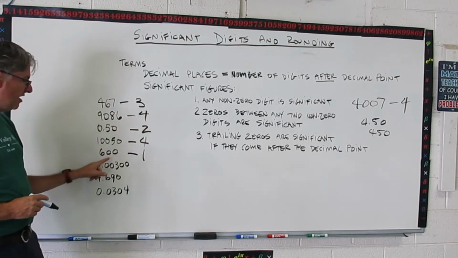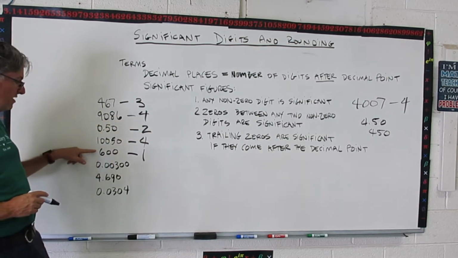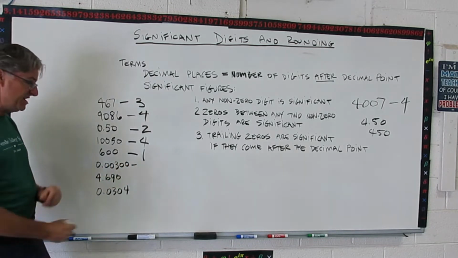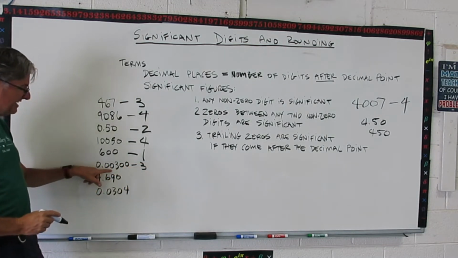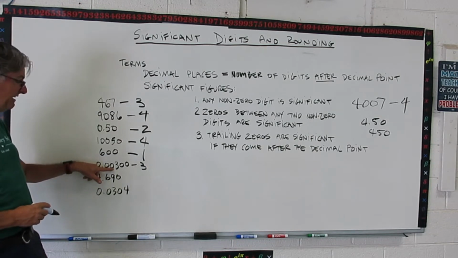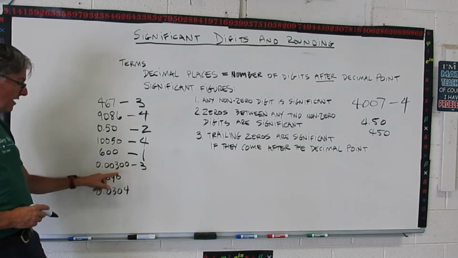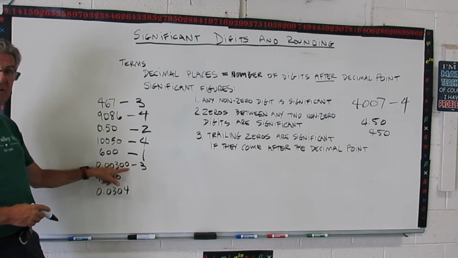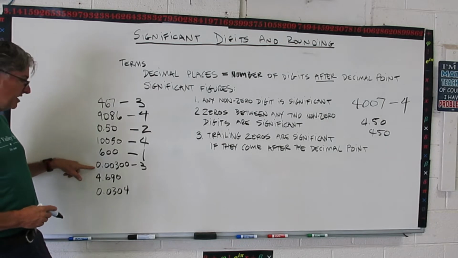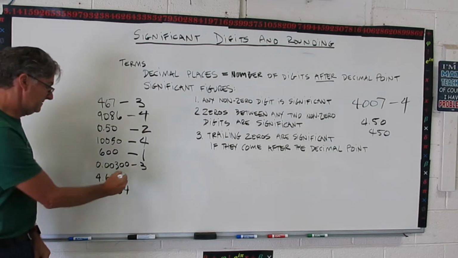Neither of these rules cover these 2 zeros, so we just have 1 significant digit. How about this one? That's 3. These are leading zeros. They are to the right of the decimal, but they're not trailing, they're leading. These are trailing zeros, so I have a 3 and these two zeros. And as you know from this problem up here, this leading zero doesn't count. So this one has 3 digits.